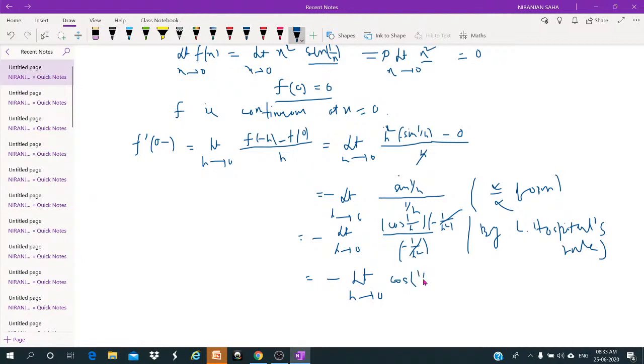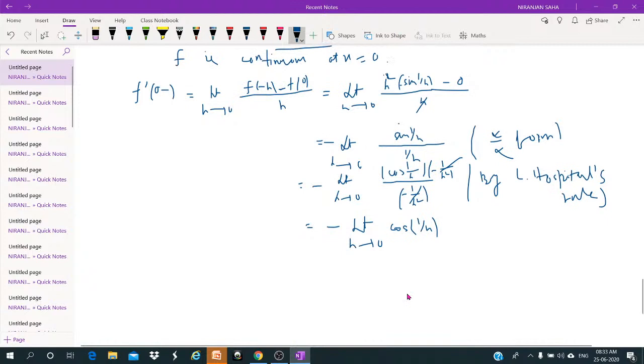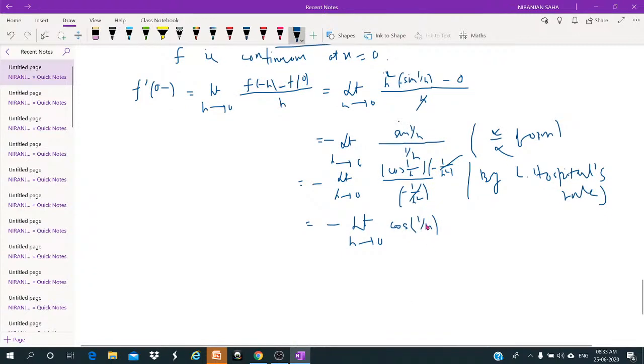Its value we cannot find out, as it is cos of infinity. This cos is a bounded function, but one can say that it is not equal to 0. It can be any value, but it is not equal to 0.